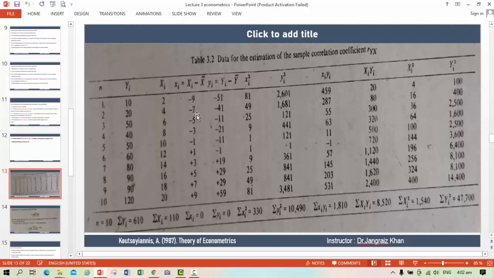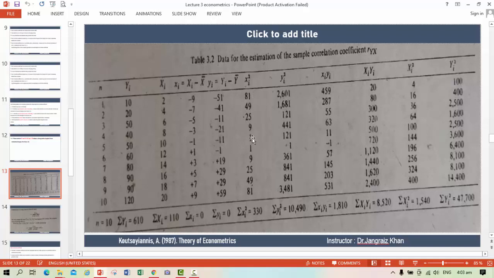Similarly, the square of minus 7 is 49, the square of minus 5 is 25, the square of minus 3 is 9, because we know that if we take the square of a minus number, it becomes plus. Minus 1 square is 1, and so on. So if you take the square of each observation in the column of small x, we get its corresponding value in the column of small x square.